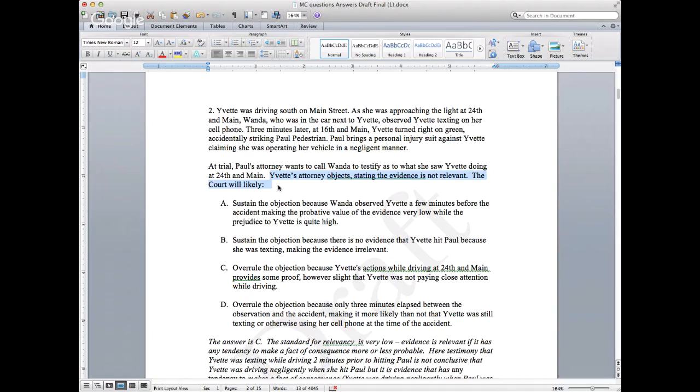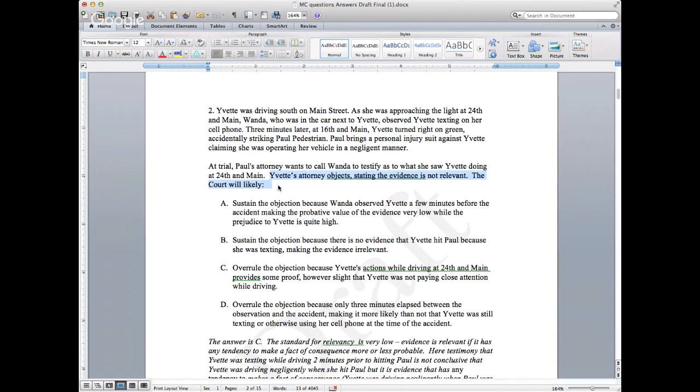Yvette was driving south on Main Street. She was approaching the light at 24th and Main. Wanda, who was then in the car next to Yvette, observed Yvette texting on her cell phone. Three minutes later, at 16th and Main, Yvette turned right on green, accidentally striking Paul the pedestrian.